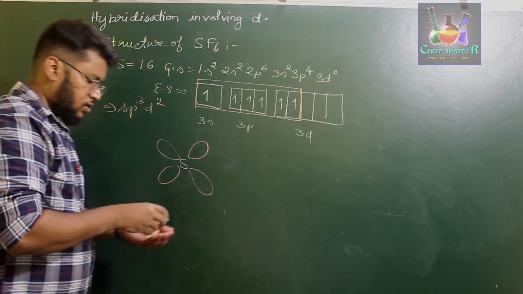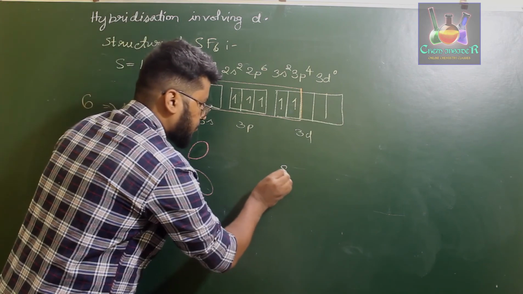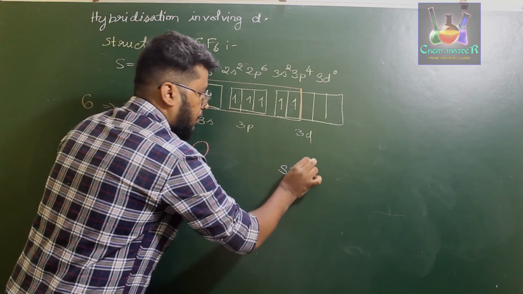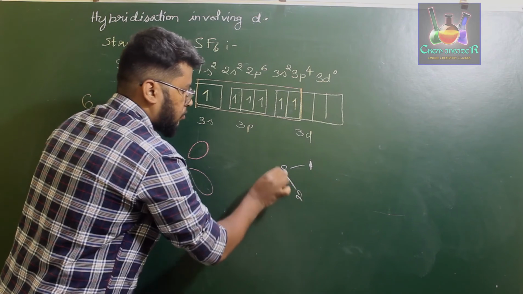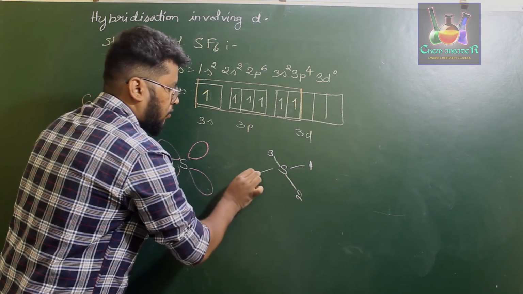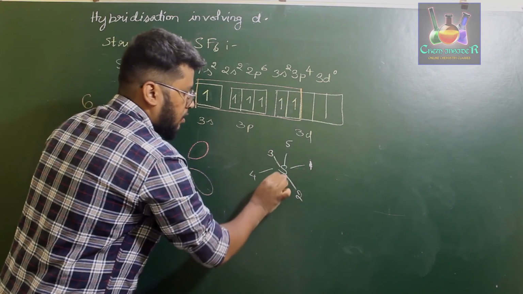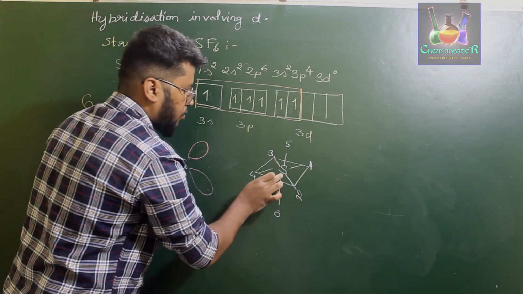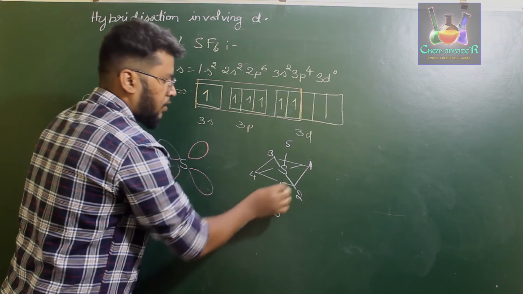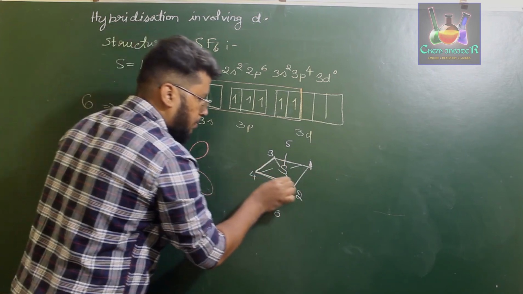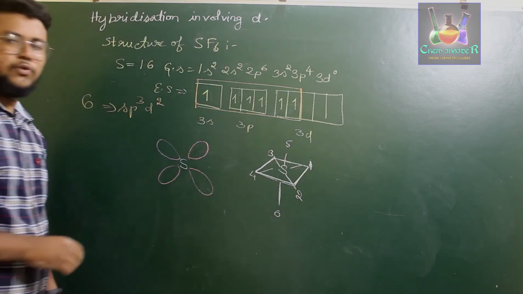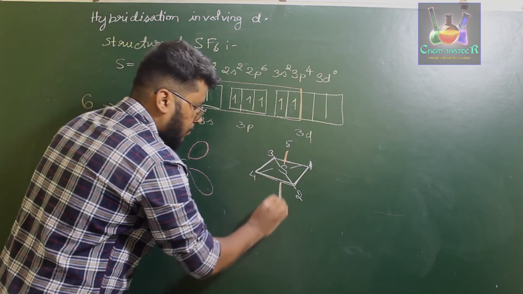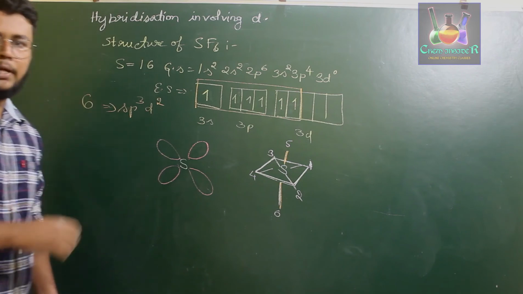Now if you consider the geometry like this, sulfur with one orbital over here, 1, 2 over here, 3 and 4, the fifth one will be above, the sixth one will be at the bottom. So if you write down the bonds joined like this, these four are in one plane, whereas the fifth and the sixth are placed above and below the plane.